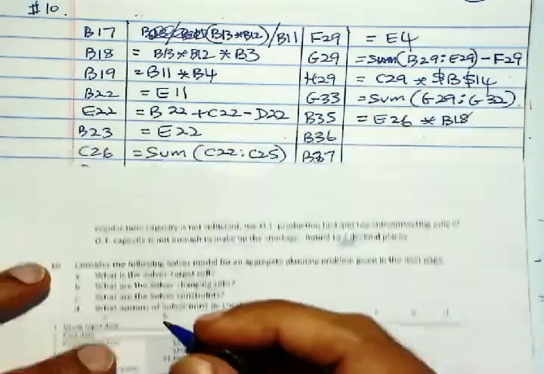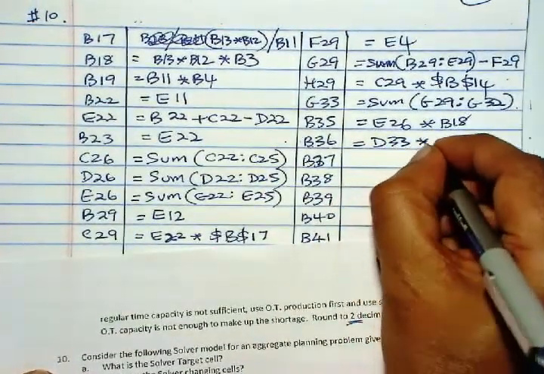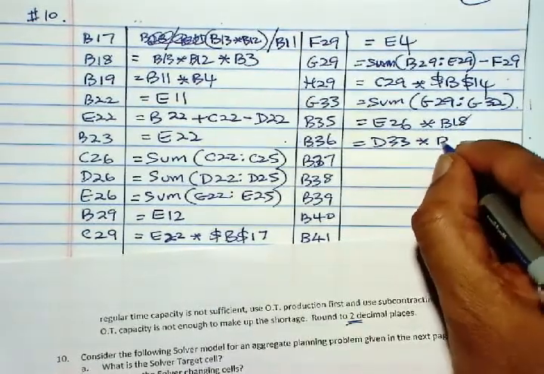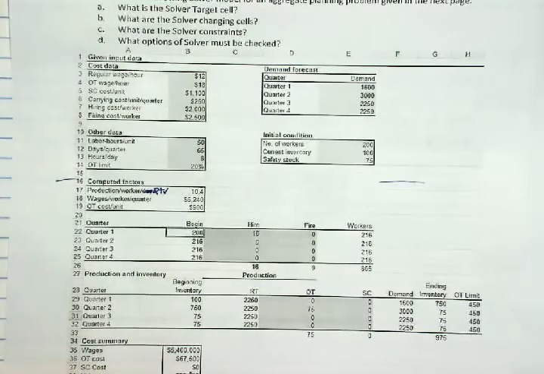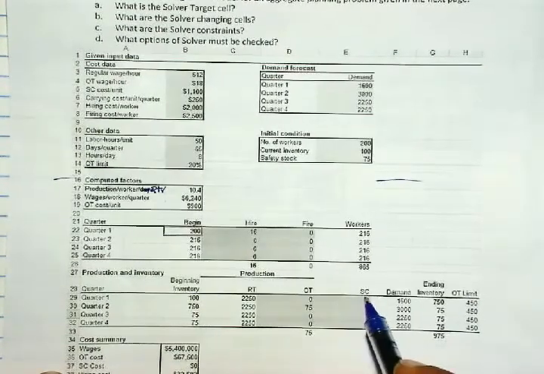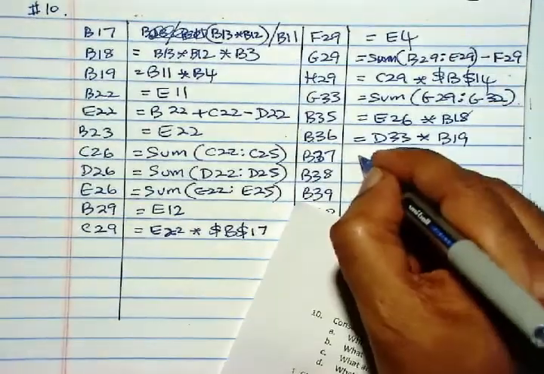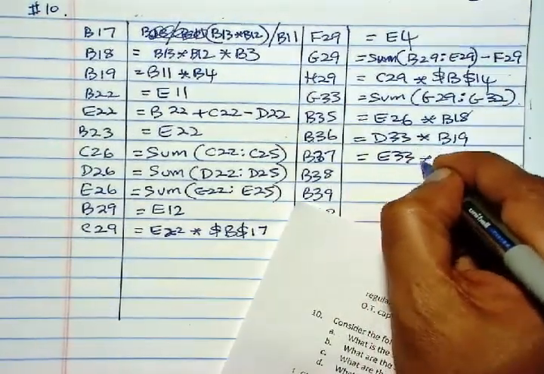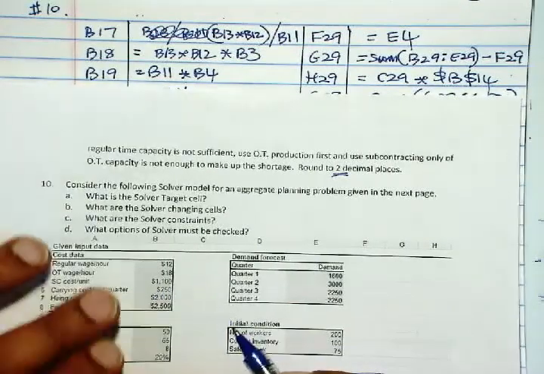So we have D33 times B19. Next is B37, which is subcontracting cost. So now you have the total subcontracting production in E33 times subcontracting cost per unit, which is given here in cell B5.